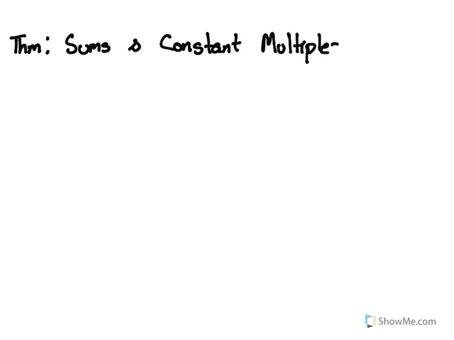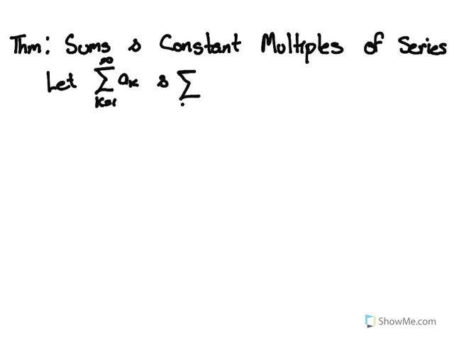So we'll start with a theorem on sums and constant multiples of series. Theorem: suppose we have two different convergent series, the sum of a_k and the sum of b_k.